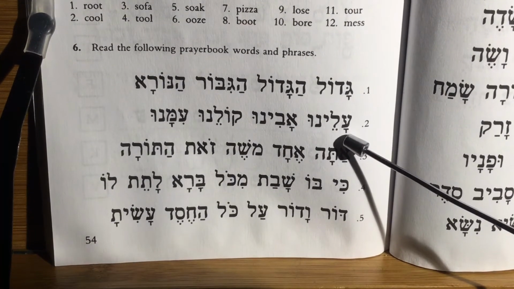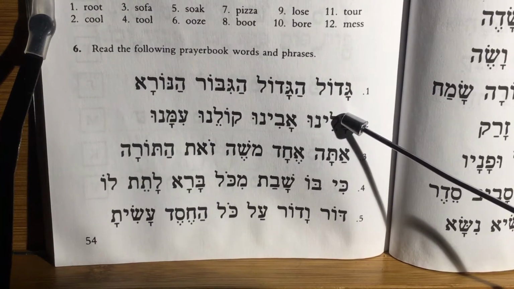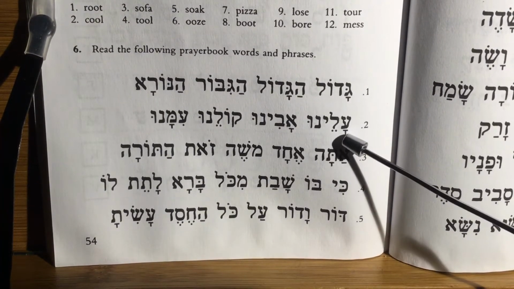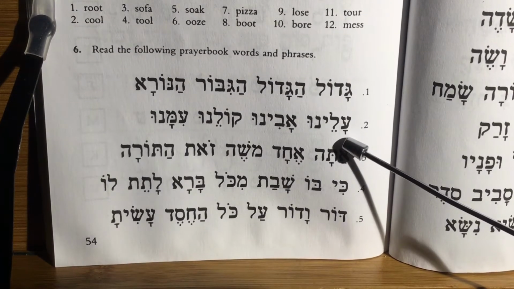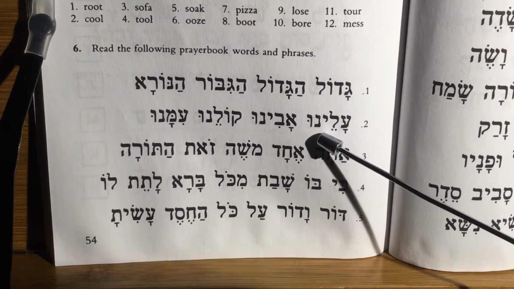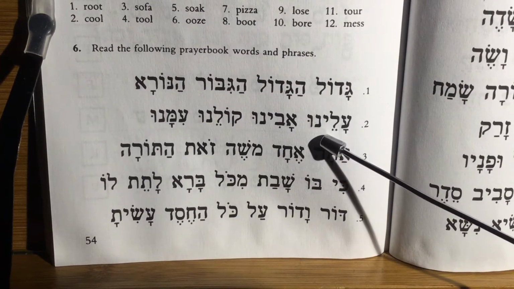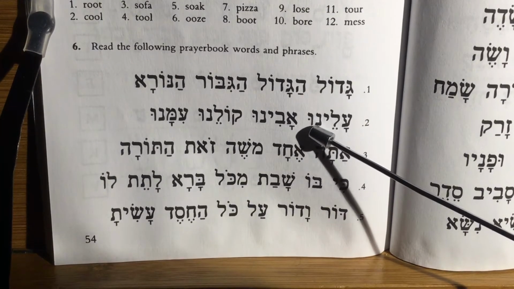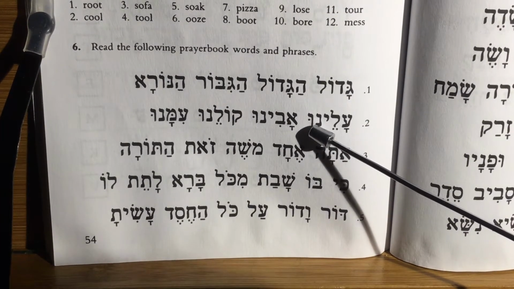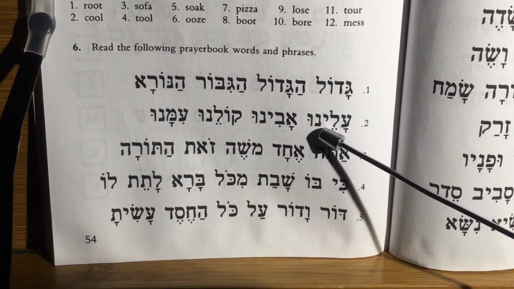You don't even see this as the aleph, but you see the vowel. So just say ah, and this is an E-class vowel, tzere, and then you go on out to say alenu, and that's shuruk, I think it's a short vowel.